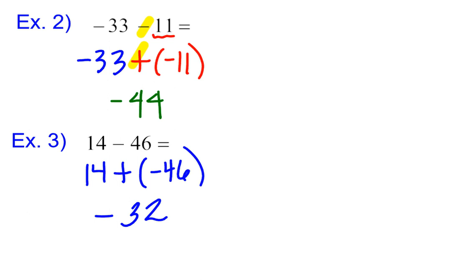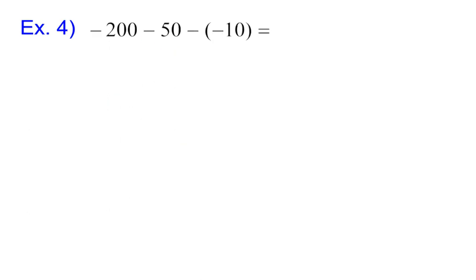Now, how do we apply this when we have more than two numbers? Let's take a look at this last example, which has 3 integers in it. How do we go about doing that? We can see it's really just a bunch of subtraction, isn't it? I have negative 200 minus 50 minus negative 10. But again, we're going to read it the way that we've talked about so far in this lecture.